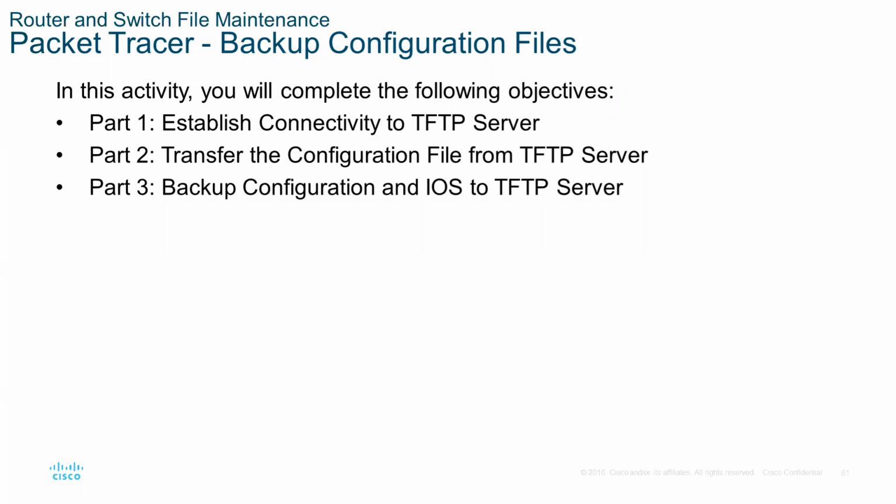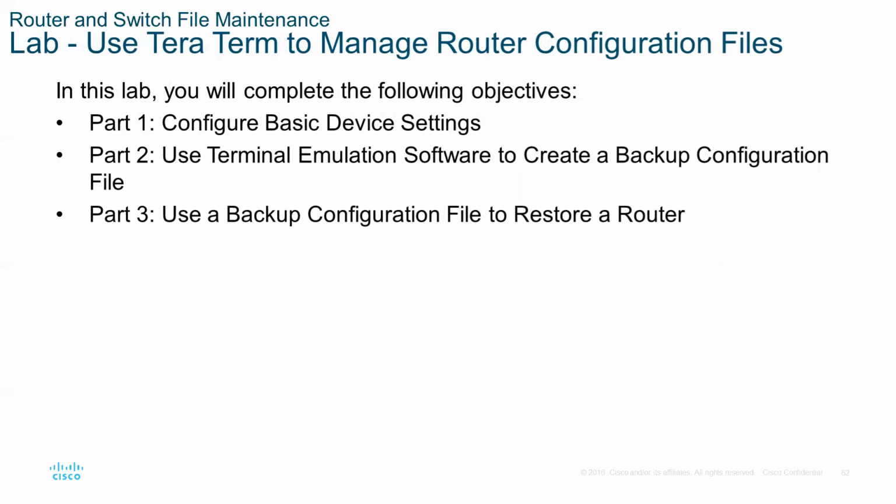Packet tracer activity for you to use a TFTP server to back up and reset. Now, normally I prefer to do this lab with a PC running Tera Term. I've got a little file server, it's basically a light TFTP server.